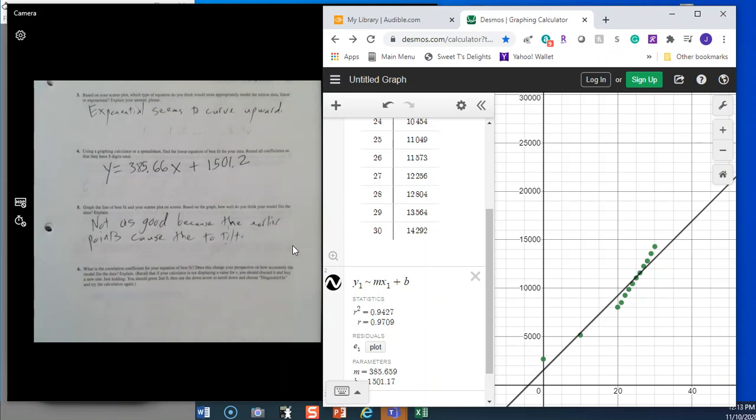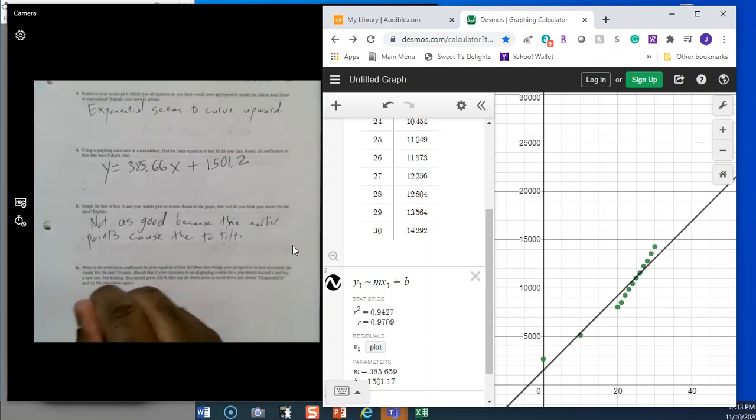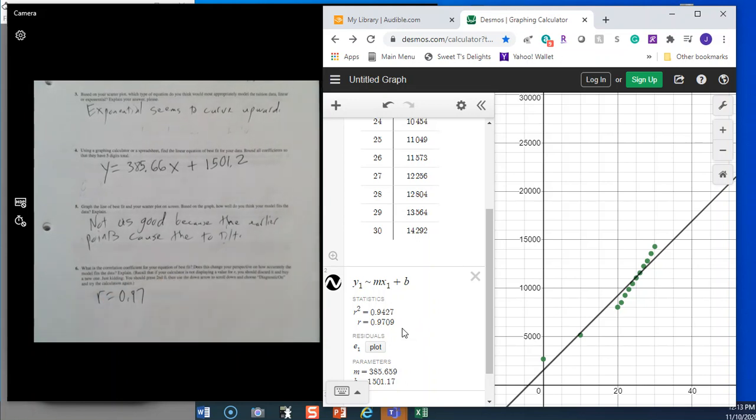All right, now it says, what is the correlation coefficient for your equation of best fit? So if we do the R here to 2 decimal places, you look here, the correlation coefficient would be 0.97. Does this change your perspective on how accurately the model fits the data? Explain.